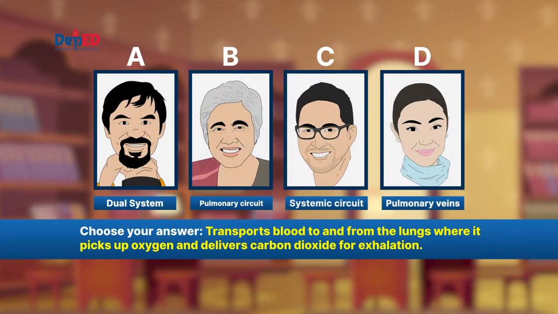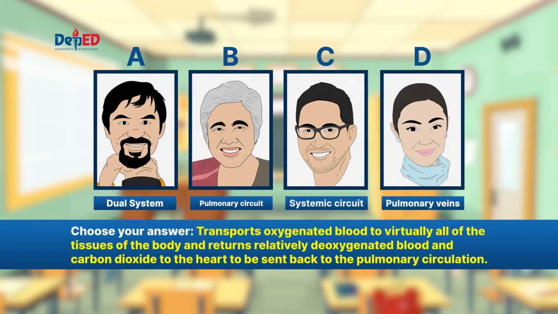Transports blood to and from the lungs, where it picks up oxygen and delivers carbon dioxide for exhalation. Transports oxygenated blood to virtually all of the tissues of the body and returns relatively deoxygenated blood and carbon dioxide to the heart to be sent back to the pulmonary circulation.